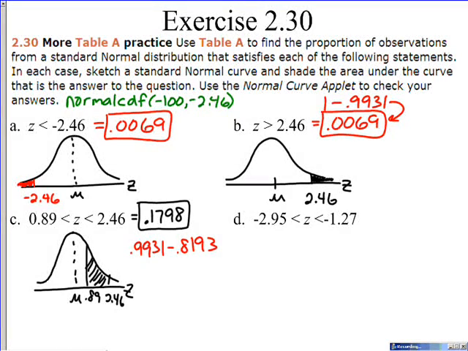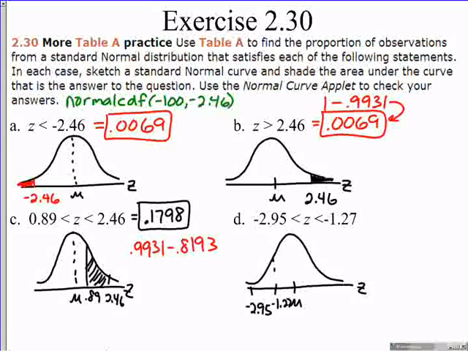Okay, the last one here. Again, draw your normal distribution. Mean in the middle, negative 2.95 and negative 1.27. So we're talking about this area in here.